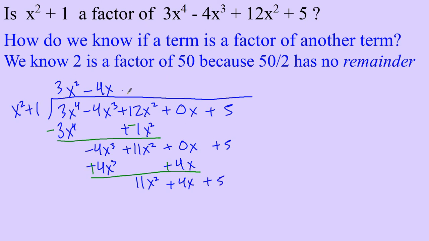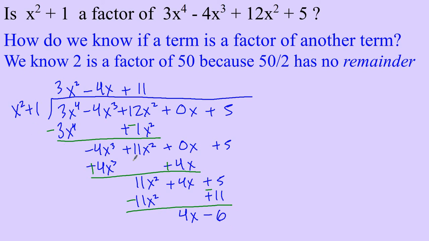Then we can multiply by positive 11. So 11x squared plus 11. Change our signs. We get 4x minus 6.